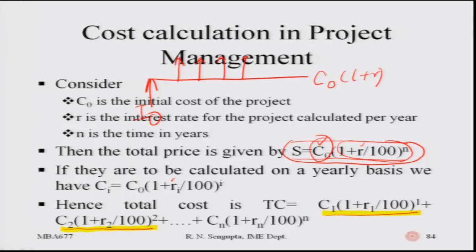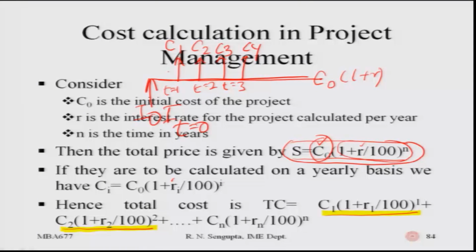I am measuring all the time t along this horizontal line. So t is equal to 1, t is equal to 2, t is equal to 3, and so forth. So I0 is the initial cost, and consider these are C1, C2, C3, C4, which are the paybacks from the project.